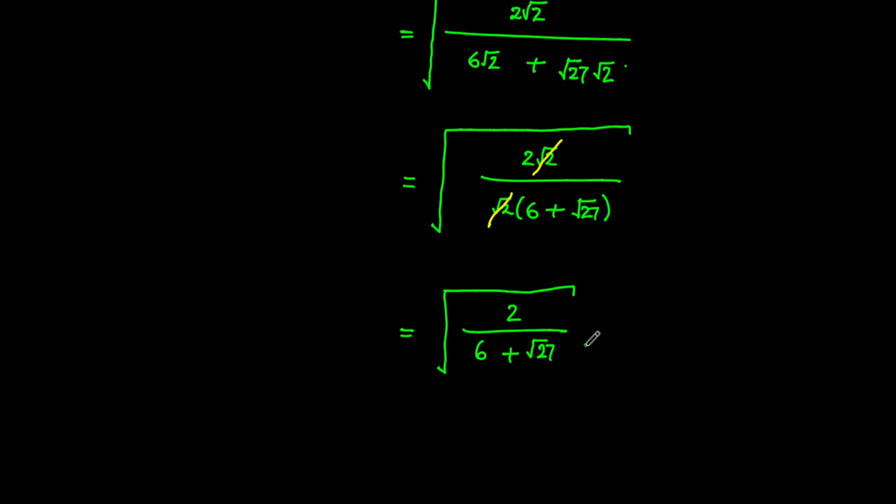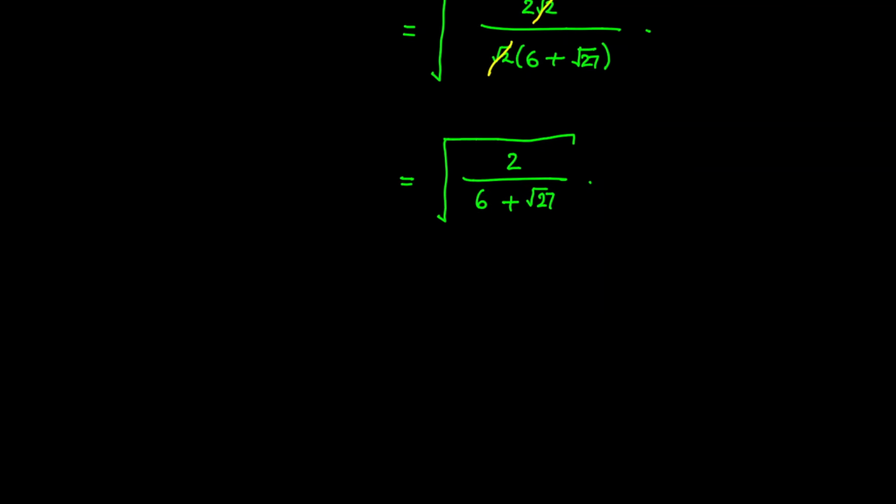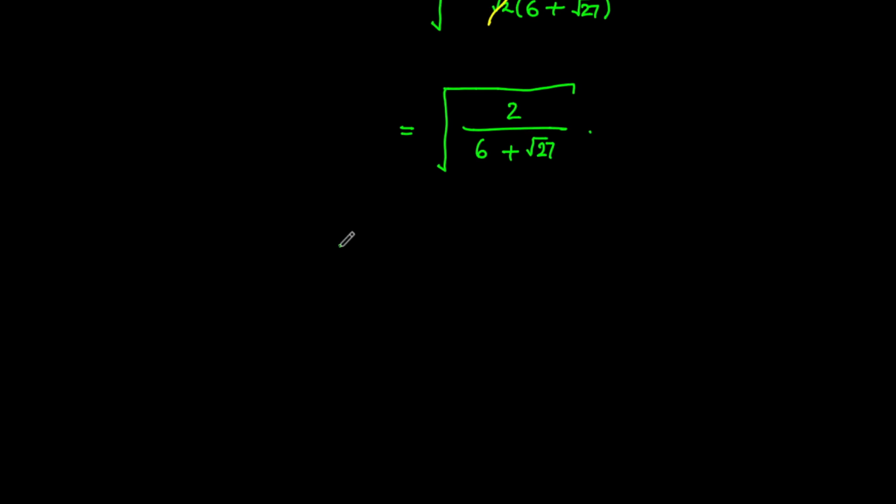Now we can rationalize the denominator of this radical. And how do you rationalize a denominator? What we have to do is to multiply both the numerator and the denominator with the conjugate of the denominator. So we can create a bracket here, and our conjugate of the denominator is reversing the sign from positive to negative.